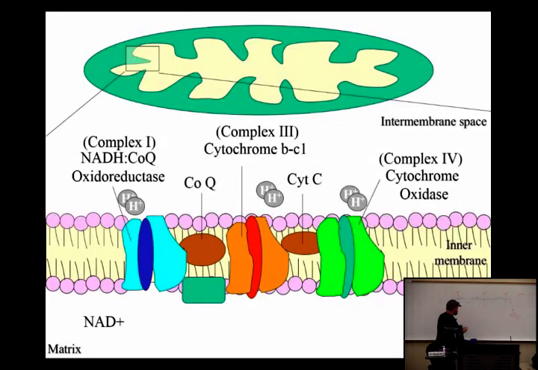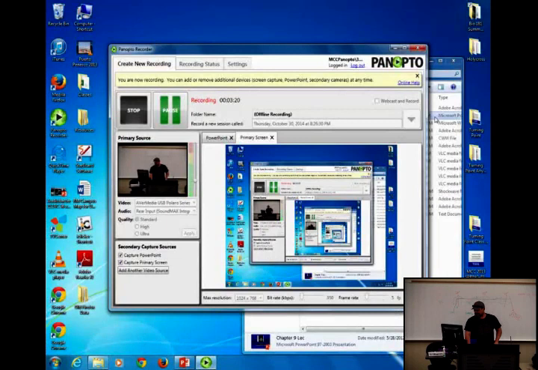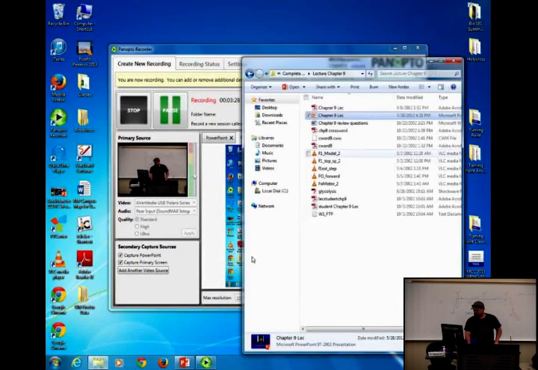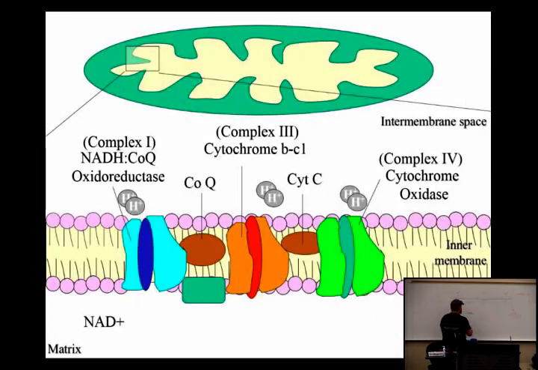Is that the same for FADH2? What's the path that FADH2 takes? So FADH2 holds its electrons too well.